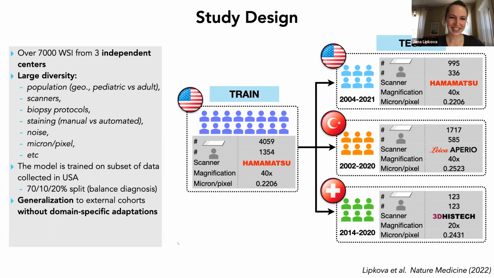I could ask a question. Is it possible to use the same slides in different scanners so you can get a direct comparison? It would be absolutely fantastic, but each cohort scanned the data in their specific center, so they were scanning in Turkey and Switzerland. We did not rescan them.